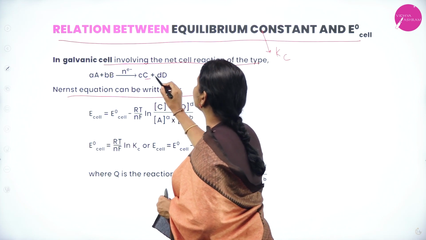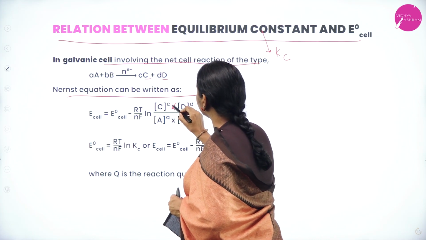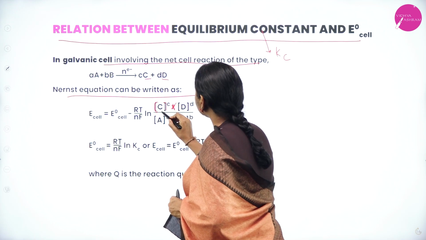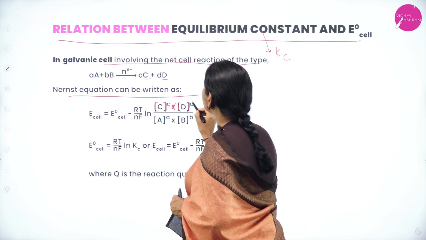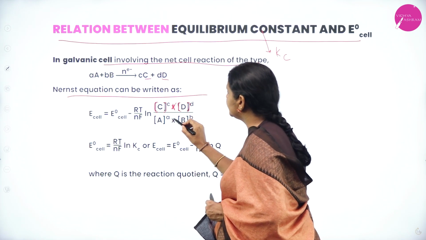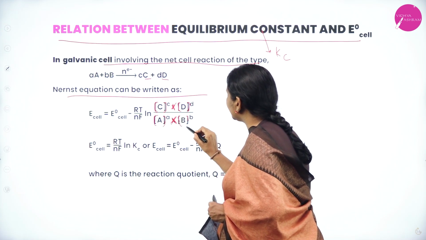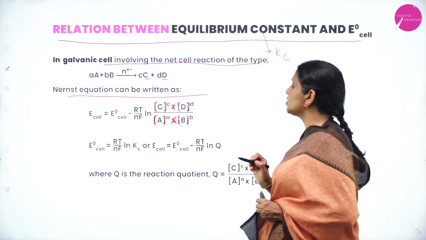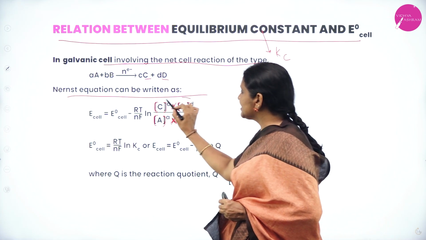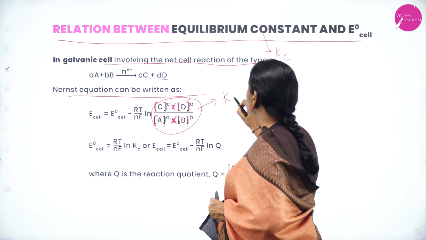Here, which are the products? C and D. Therefore, it is the product of the molar concentrations of the products raised to the power of their stoichiometric coefficients, divided by the product of the molar concentrations of the reactants raised to the power of their stoichiometric coefficients. So it is nothing but Kc, the equilibrium constant.